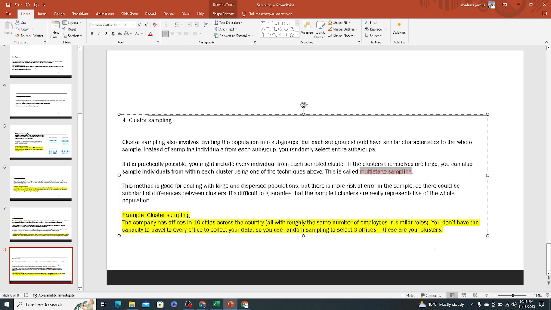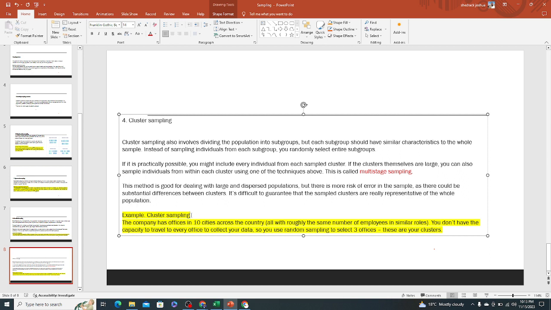This method is good for dealing with large and dispersed populations, but there is more risk of error in the sample, as there could be substantial differences between the clusters. It's difficult to guarantee that the sampled clusters are really representative of the whole population. So that's why if these subgroups don't have the same characteristics, it might be tricky, or it might not be representative of the whole population.